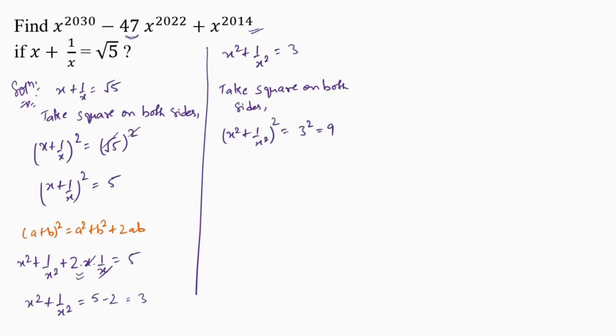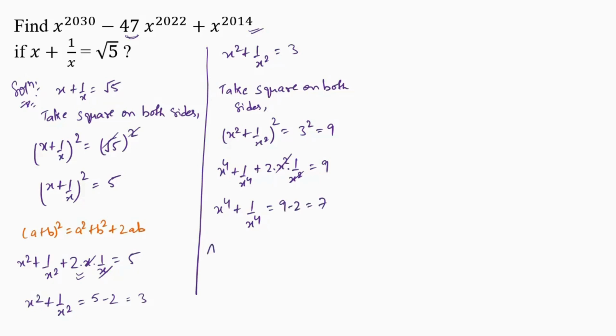So on solving this we get x raised to power 4 plus 1 over x raised to power 4 plus 2 times x square times 1 over x square equals 9. This x square will get cancelled out with x square and we get x raised to power 4 plus 1 over x raised to power 4 equals 9 minus 2, that is 7.